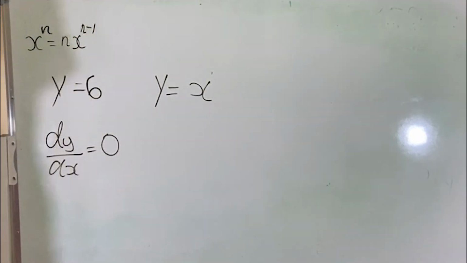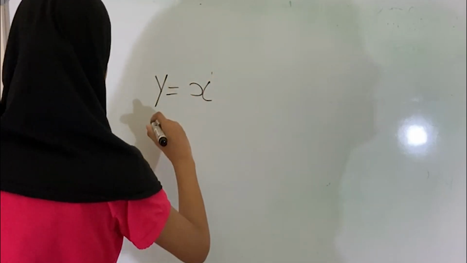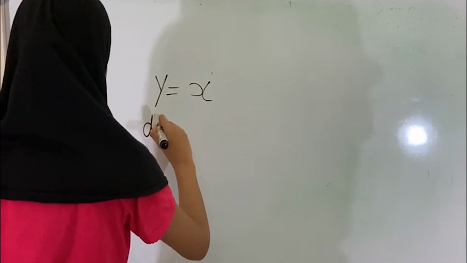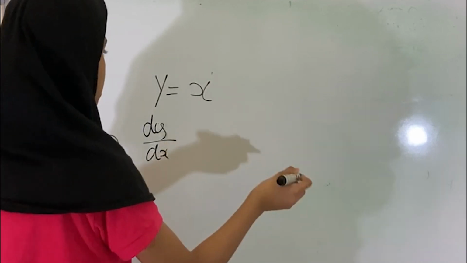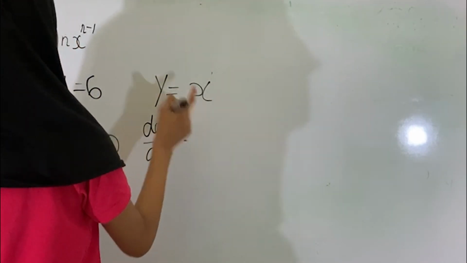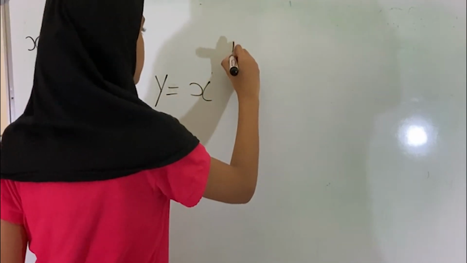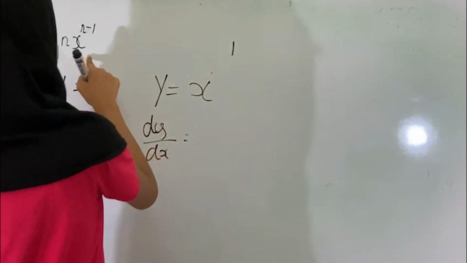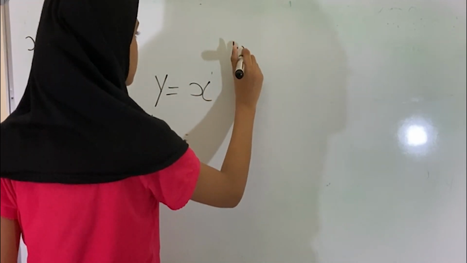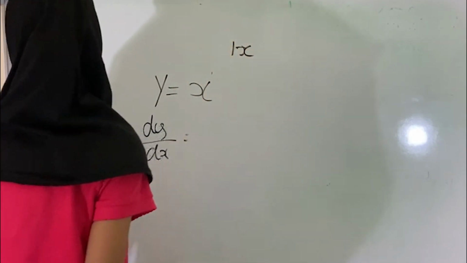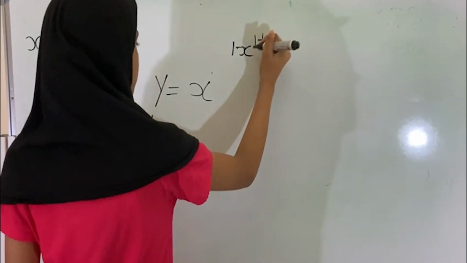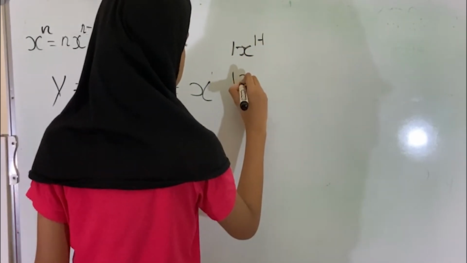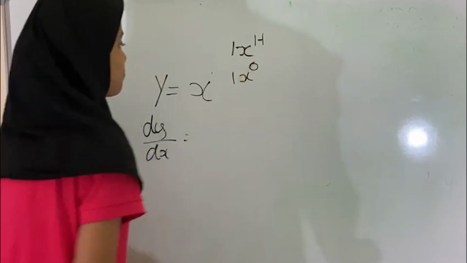So I said that there is already a 1 over here. So we have to put this 1 down here, and then x, and then n minus 1, which is 1 minus 1. So it's going to be 1 x raised to 0.